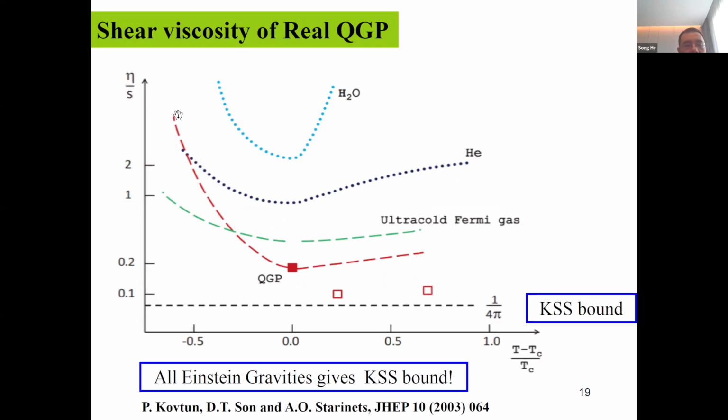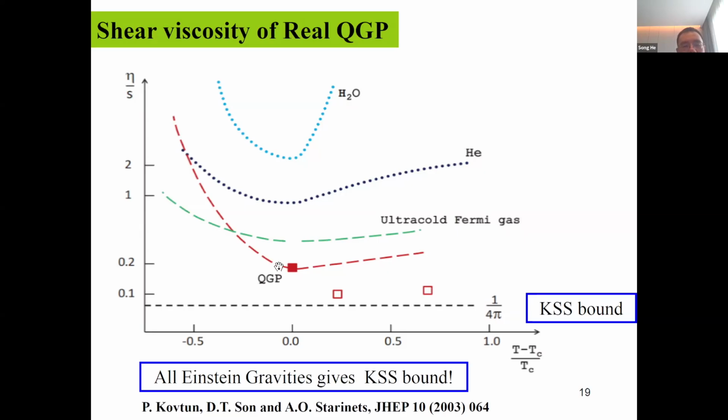This ratio has a non-trivial temperature dependent behavior. There is a minimum point around here, but our previous model, in the literature, belongs to Einstein gravity, and for Einstein gravity eta over s is given by 1 over 4 pi.